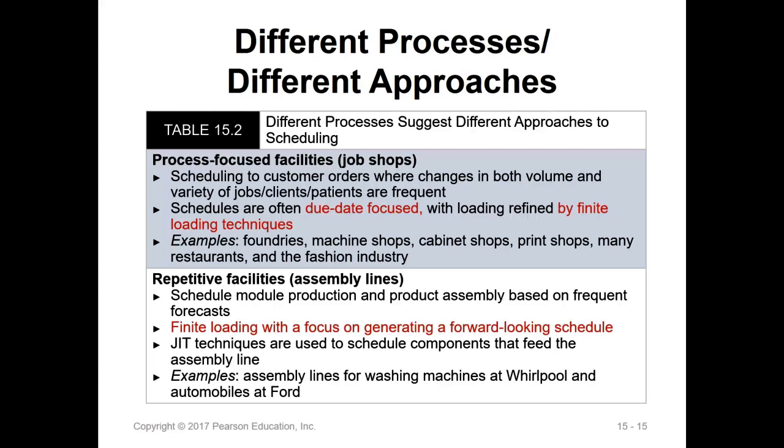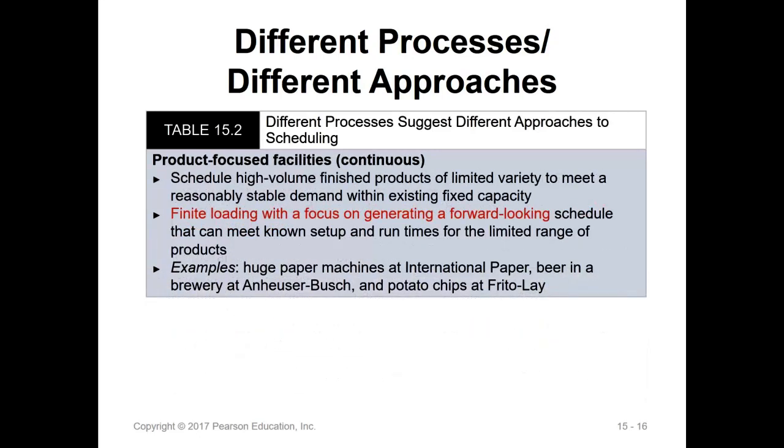Remember in the previous chapter, we talked about process strategy. We have process focused, we have repetitive process, we have also a product focused process. And the fourth one is the customization process.